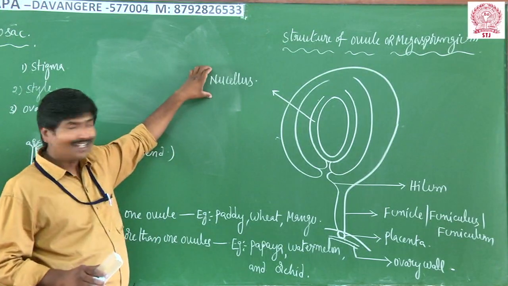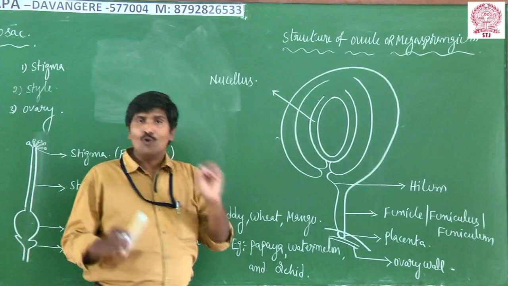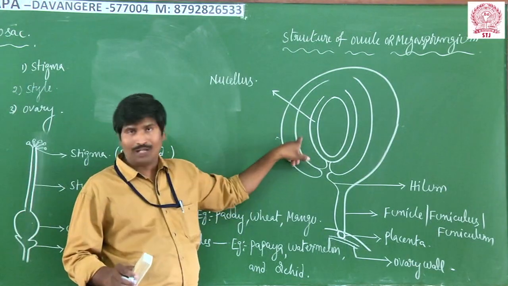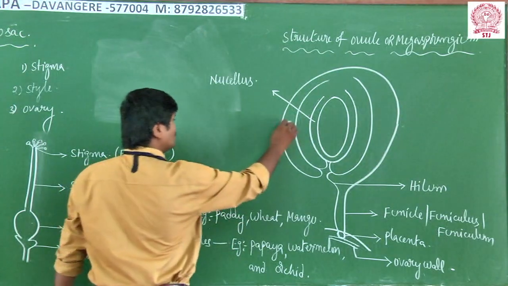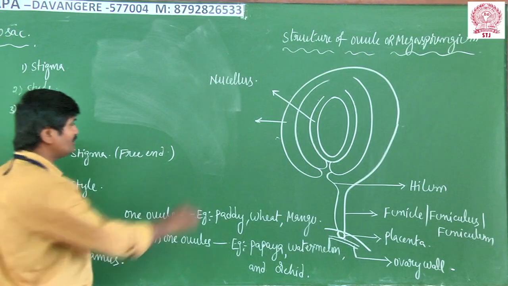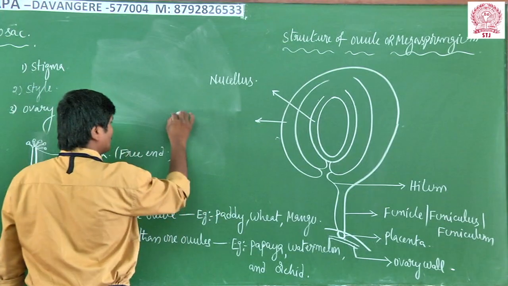Next one, this nucellus is enclosed by one or two protective envelopes. The protective envelopes are known as the integuments.